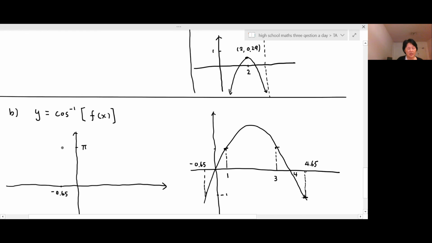So I mark this point here. Now when x equals positive 1, the y value is positive 1. Cosine inverse of 1 is 0. So we get to this point here. Then we can just draw it.